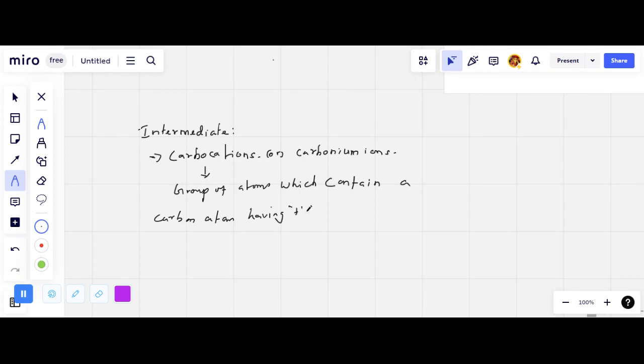That is, if the carbon has a positive charge, that is a carbocation. We know that cation means a positive charge. It is the same thing. And it contains only 6 electrons in its valence shell.